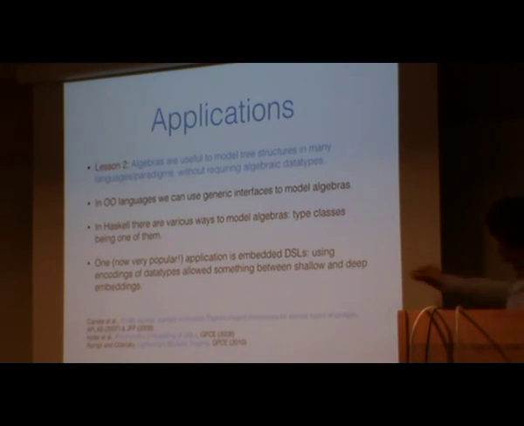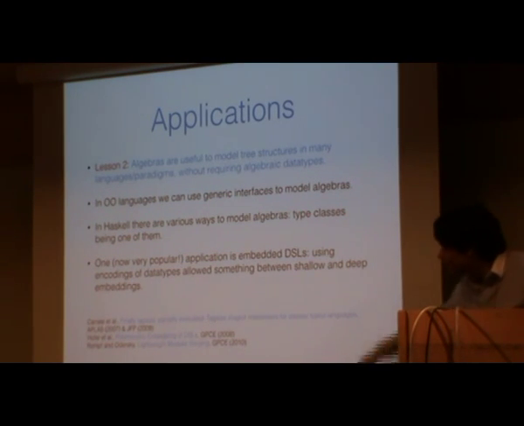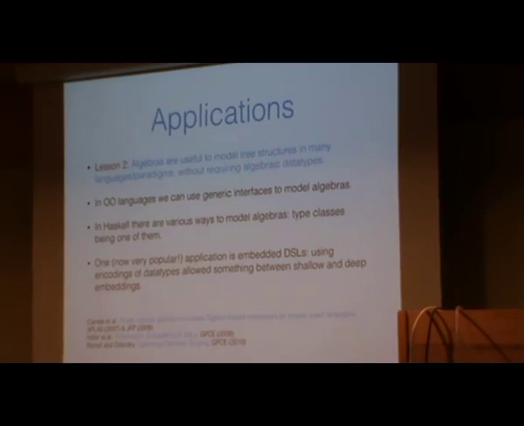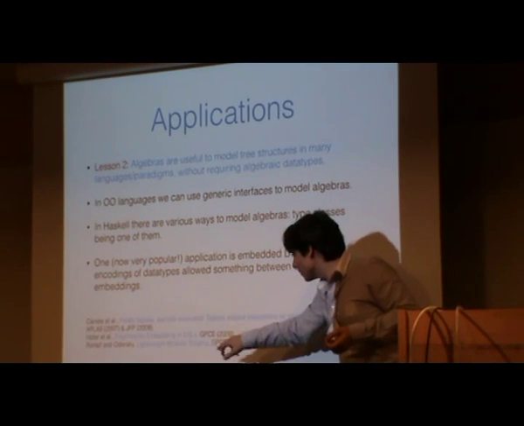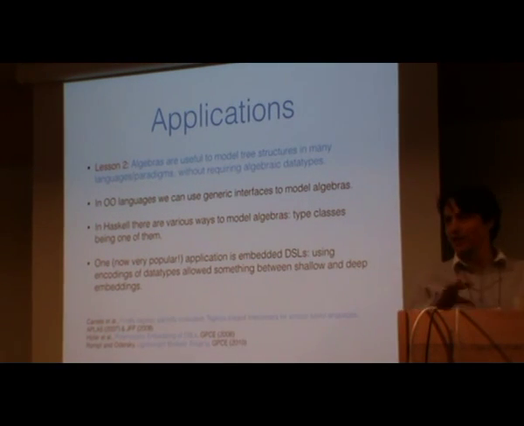one particular application of this that is very popular these days is applying these ideas to embedded DSLs. So you probably heard of things like finally tagless in Haskell, and also maybe you don't know about these if you don't know Scala, but there's a similar kind of encoding in Scala, which is polymorphic embeddings of DSLs.